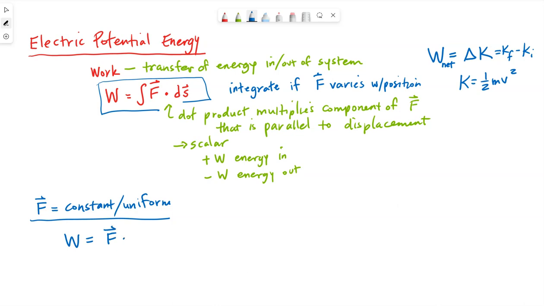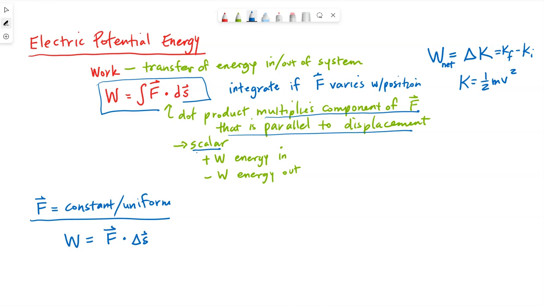Integral of dot ds is going to be some sort of delta s, a displacement. So this is still a dot product, meaning we have to multiply the component of the force that's parallel to the displacement, and we get a scalar answer.